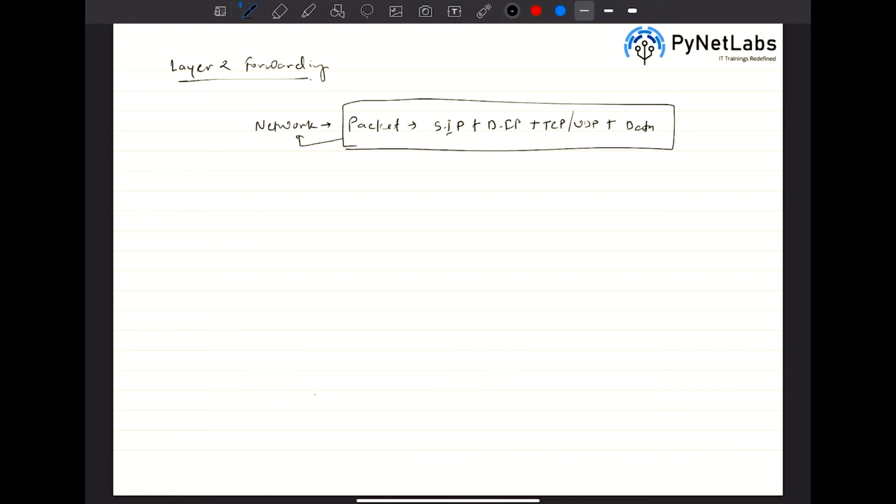So when this layer 3 packet is received by layer 2, which is called the data link layer, the encapsulation forms something called a frame. The frame contains the source MAC address, plus the destination MAC address, plus every aspect of the packet, which means it will also have the source IP, destination IP, and all these things, right?